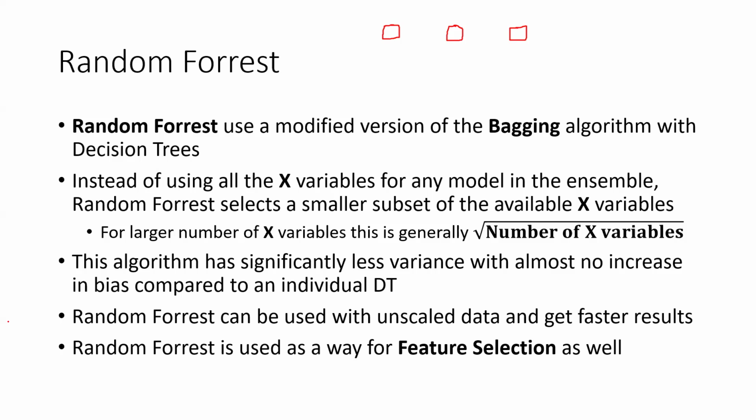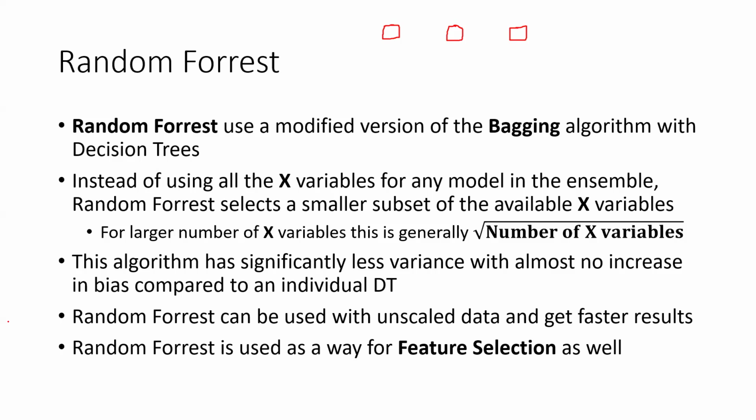Another advantage of random forest is that you can use non-scaled data. With gradient descent learning techniques, you have to do scaling with standardization and normalization. But with random forest, you can easily use the data without any scaling, so it works really fast. You don't have to do this kind of pre-processing.